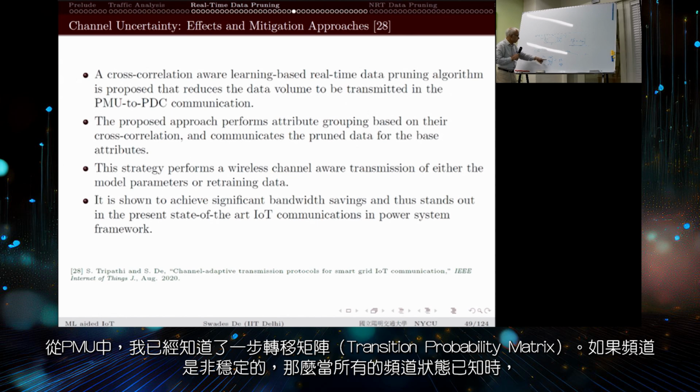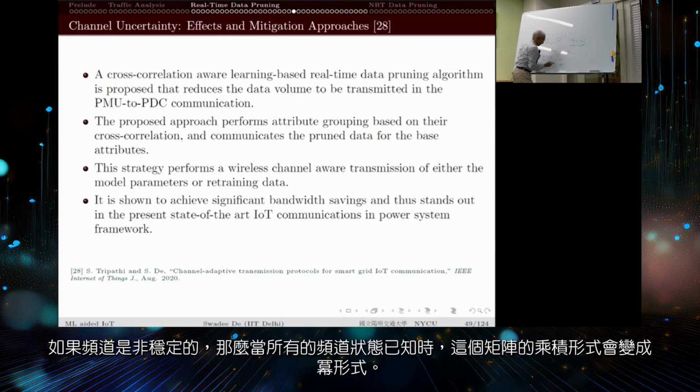So from P and Q, the one step transition probability matrix is already known to me, and from there, the n step transition matrix, if I consider the channel stationary, is this raised to the power n. If it is non-stationary, and all these channel states are known, then this is actually a product form.